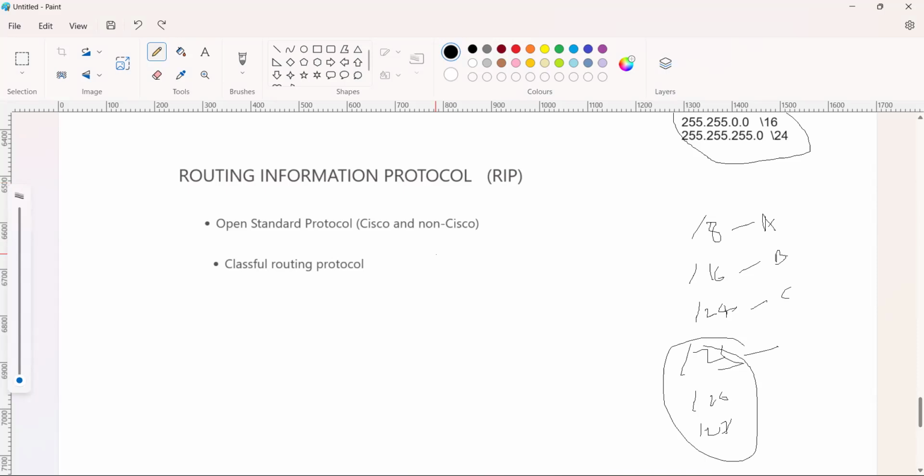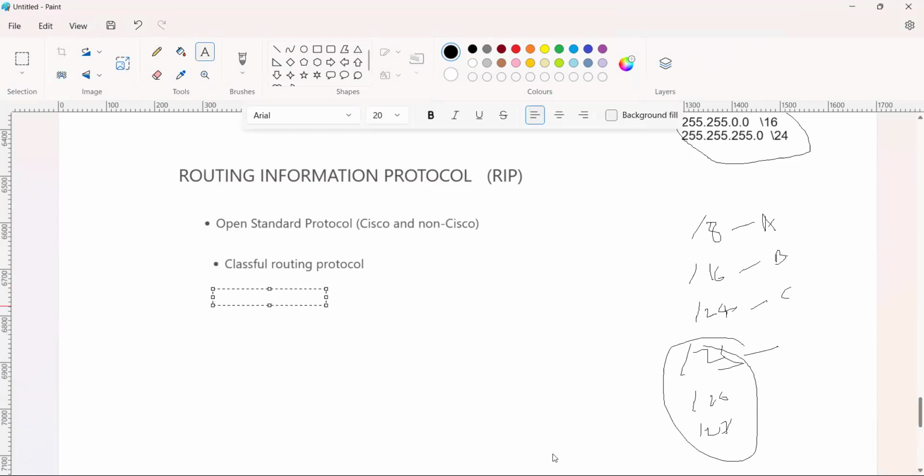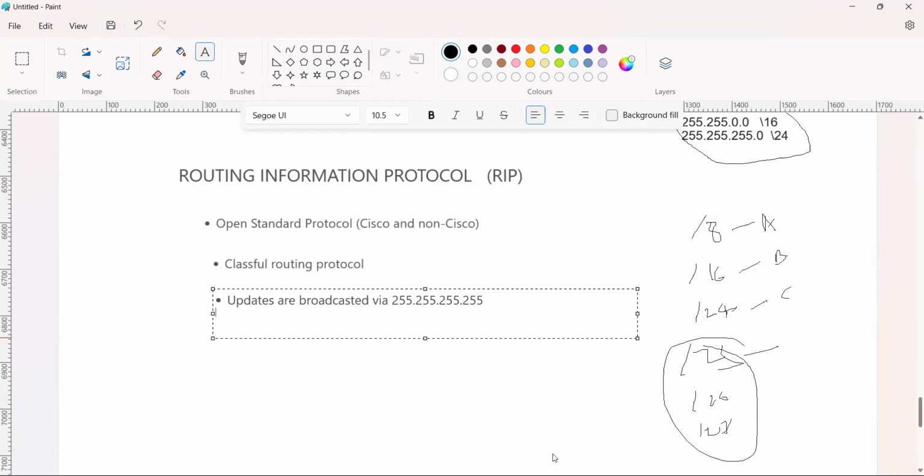Some interviewers ask this question: what is the difference between classless and classful? RIP sends updates as broadcast via 255.255.255.255. Whichever updates there are, if a neighborship goes down or anything happens, it will send the update through broadcast.